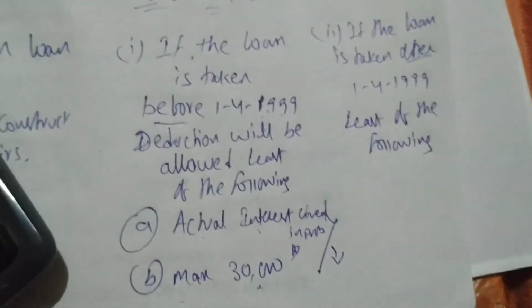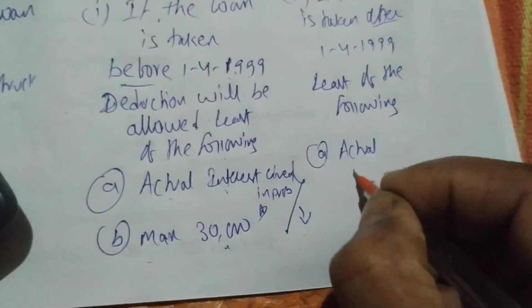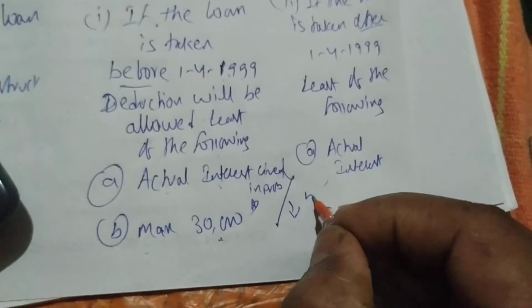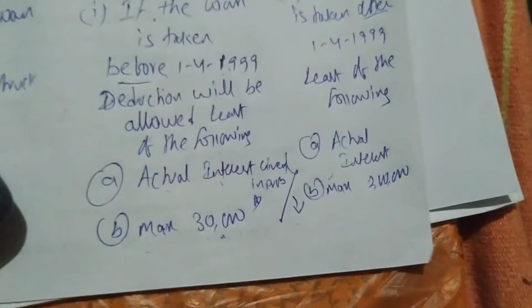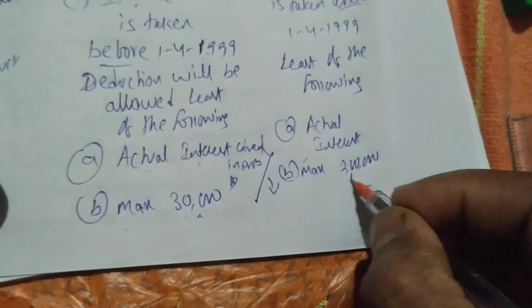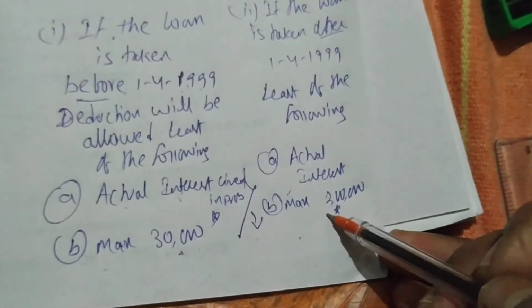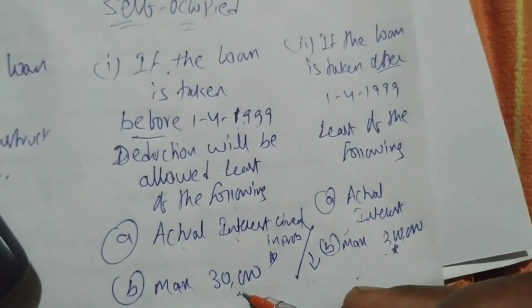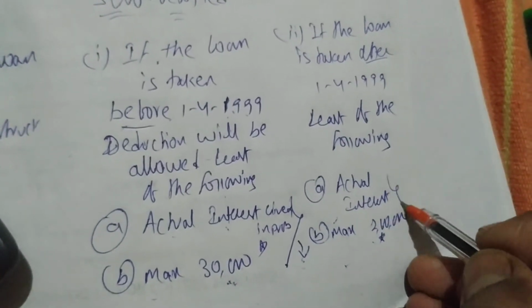A is what? Actual interest. Again same. Actual interest will be given in the problem. B is what? Max. Max is how much? 2 lakhs. This you have to remember. If the loan is taken after 1/4/1999, the maximum is 2 lakhs. If it is taken before 1/4/1999, maximum is 30,000. So both of these you have to remember. Whichever is less, that will be considered as deduction.